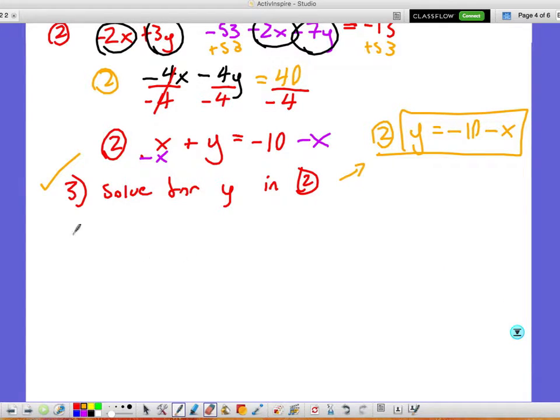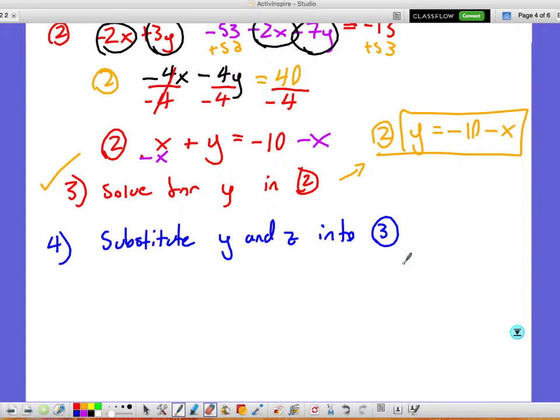Step 4: we're going to substitute y and z into the third equation and solve for x.